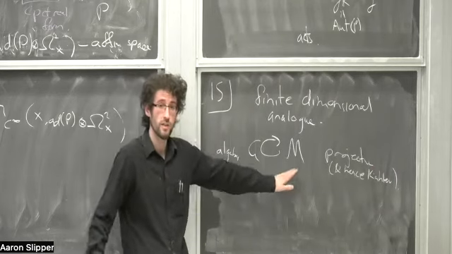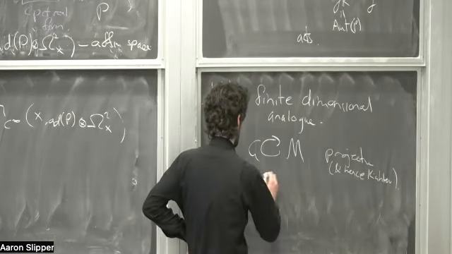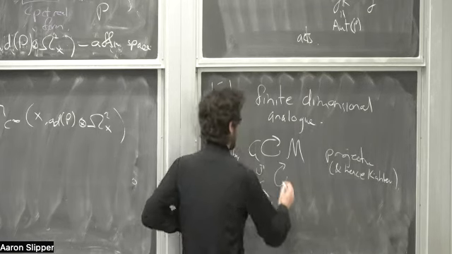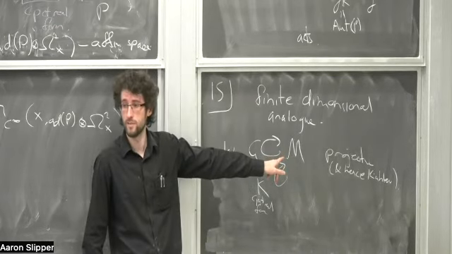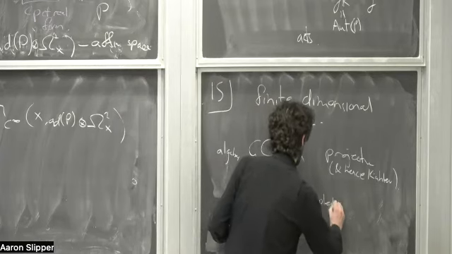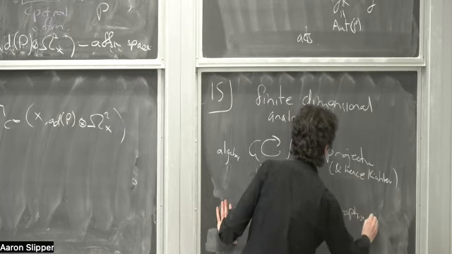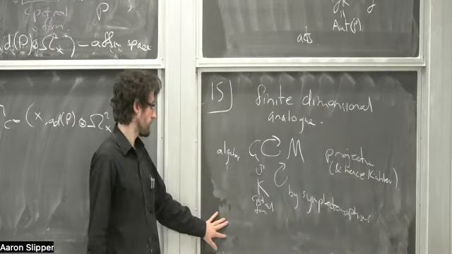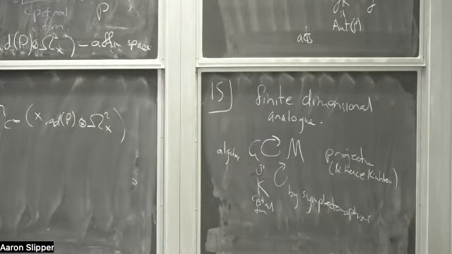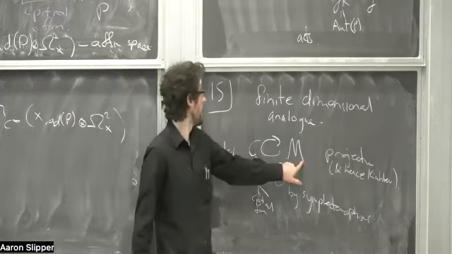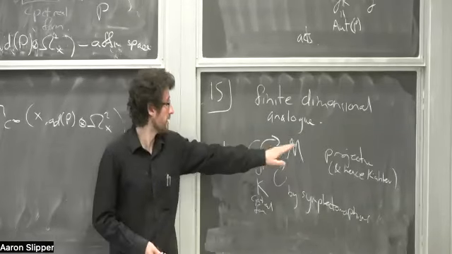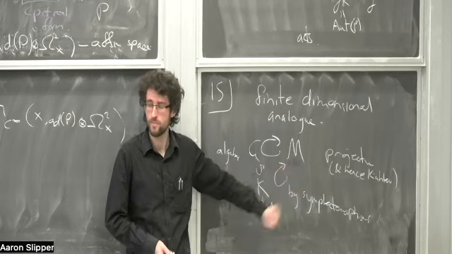Inside G acting on M, I have K, the compact real form, acting on M by symplectomorphisms. And what I want to do is describe some notion of the quotient of M mod G. And I want to describe it in particular by thinking about the action of K on M with its symplectic structure. So that's just restricting the action of G to K.